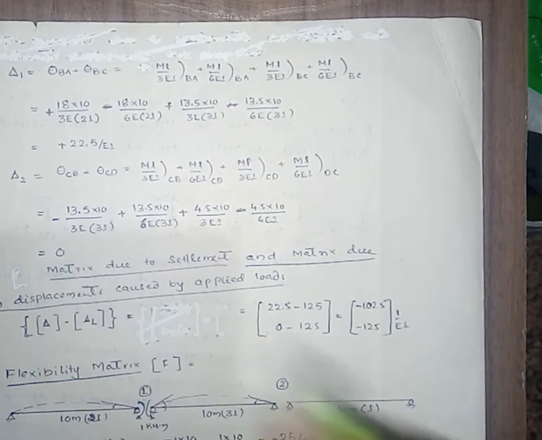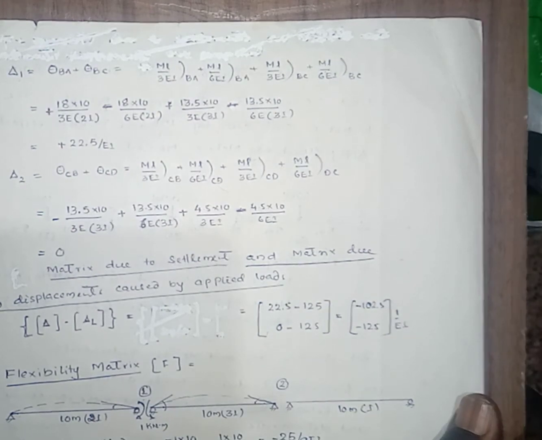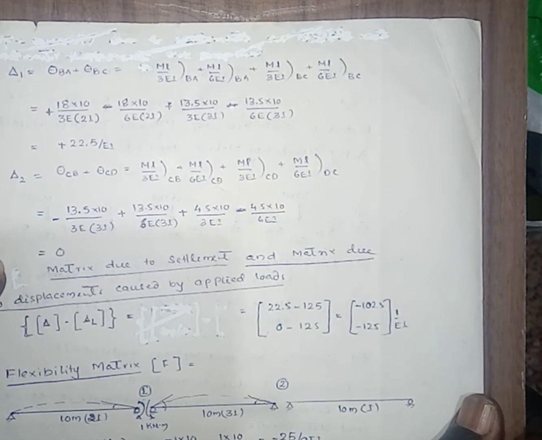Here delta 2 becomes 0. Now we have got the values of the displacement due to the additional moments at coordinates 1 and 2 respectively.